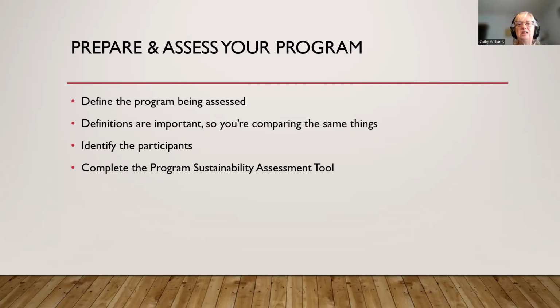It's good to know so that we're not talking about apples and oranges. Identify the participants. It is designed so that you can do this as an individual or as a group, say the staff of that particular program. So, who's going to take the assessment? And then the final step of this part of the process is to complete the sustainability tool, fill out the questionnaire.